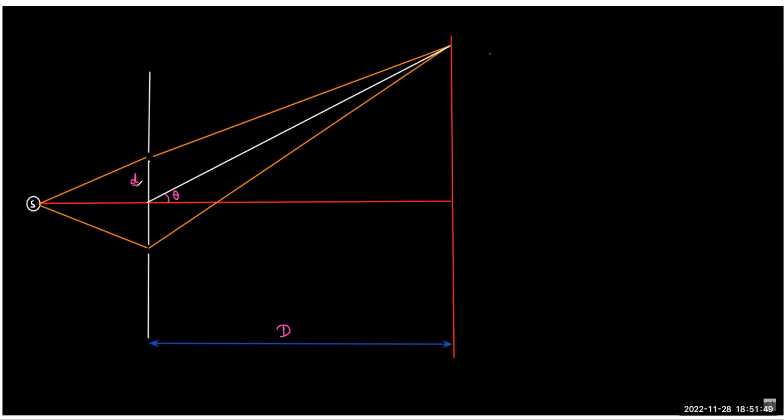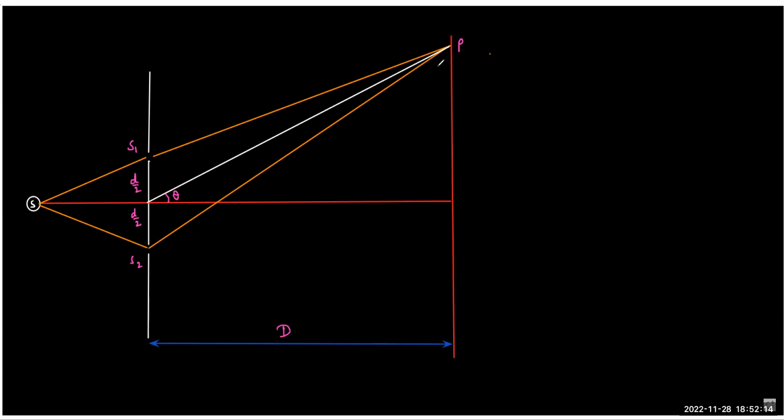So this is d by 2 and this is d by 2. While traveling from S to S1 or S to S2, there is no path difference. So we can totally ignore the path up to which we see no difference. So the path difference will come up because of S1P and S2P, right? SS1 and SS2 will not contribute to the path difference, isn't it?